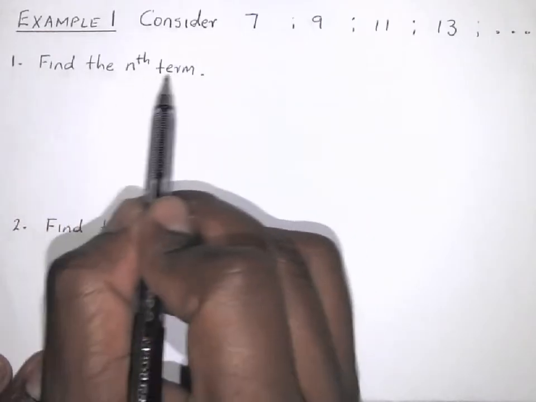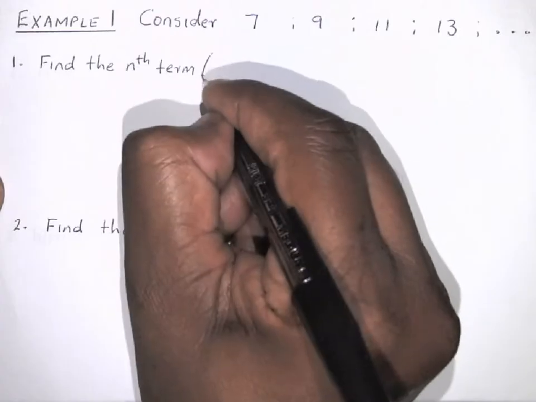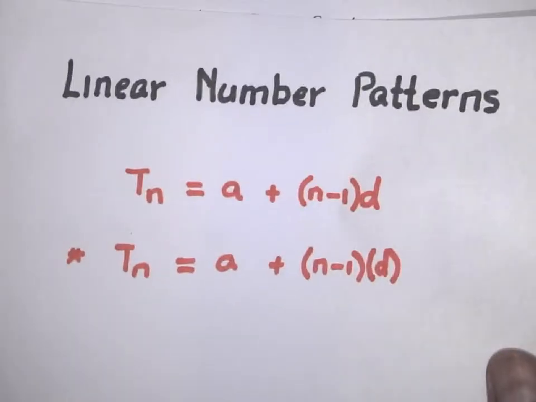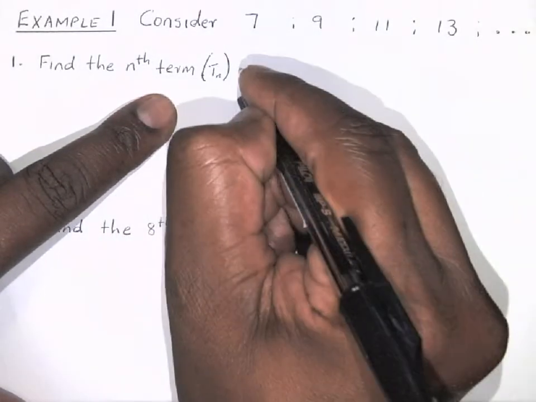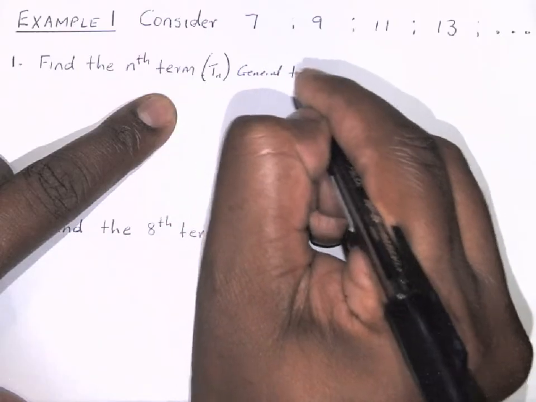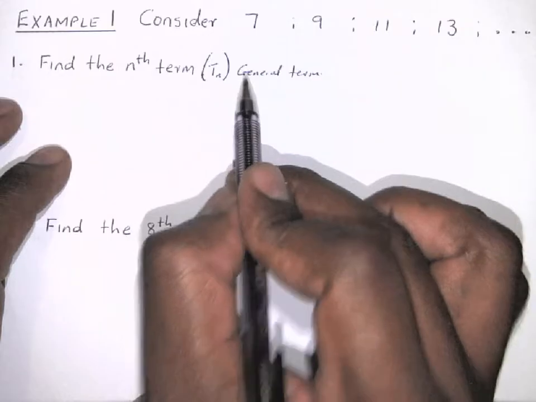So sometimes the nth term is called Tn, as you saw here. Sometimes the nth term is called the general term. Now they want us to find the general term for this.